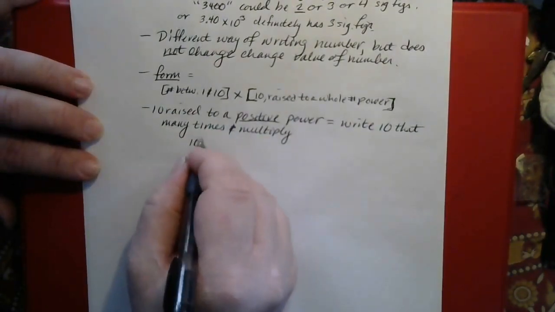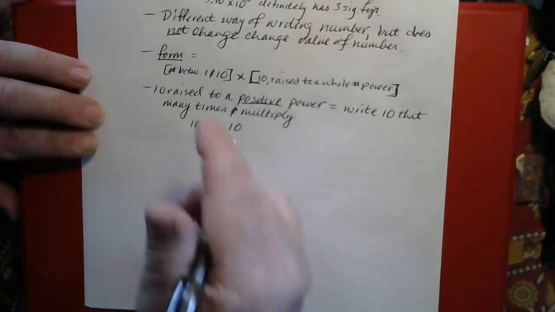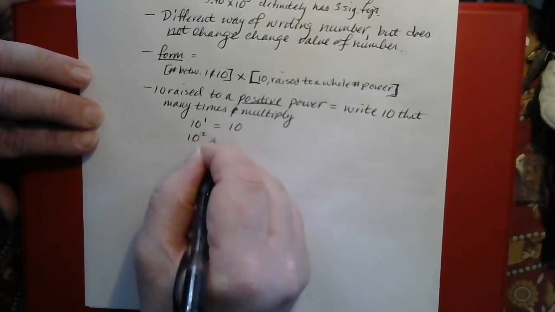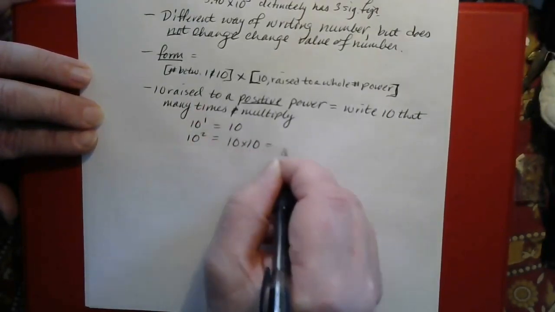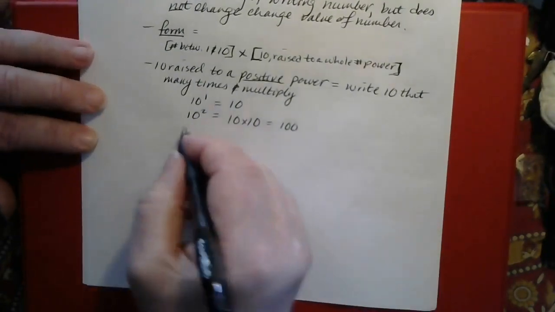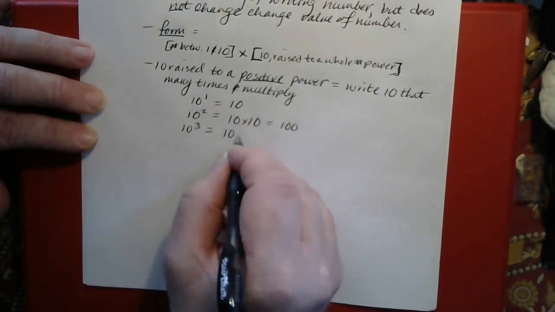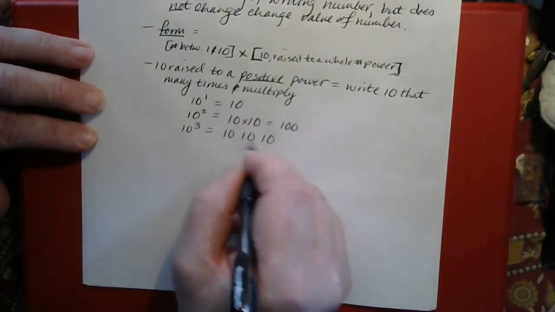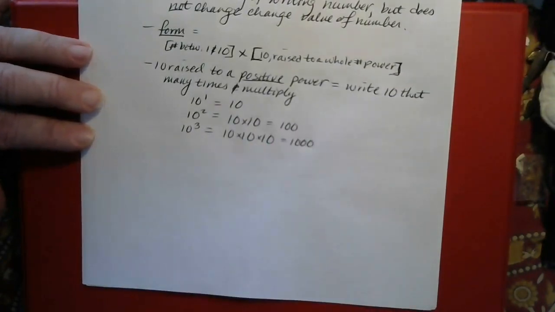Okay, so for example, 10 to the first power is just 10. 10 to the second power is 10 written down twice, and you multiply 10 times 10, which is 100. 10 to the third power is 10, 10, 10, and multiply them together, and you get 1,000, and so on.